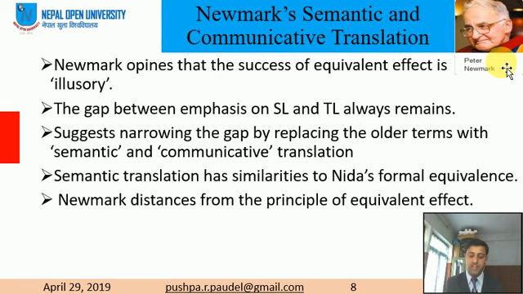Newmark departs from Nida's receptor-oriented line, feeling that the success of equivalent effect is illusory, and that the conflict of loyalties, the gap between emphasis on source and target language, will always remain as the overriding problem in translation theory and practice. Newmark suggests narrowing the gap by replacing the old terms with those of semantic and communicative translation.